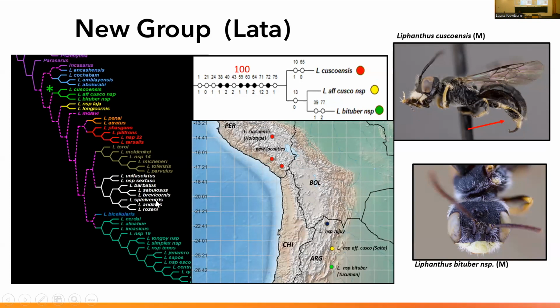So I will see about that with further research. Now, in terms of geography, this is where these species are located. Liphanthus cuscoensis comes up here, and there is just one other species that we didn't include in this phylogeny, but resembles the other species very much.